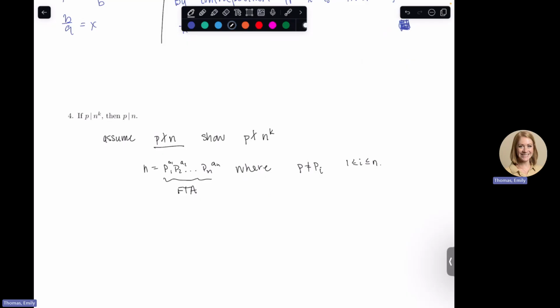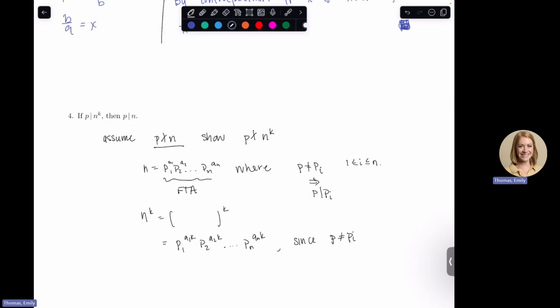So, all right. And then if we were to raise that to a power of k, we'd raise this whole thing to a power of k, which would give us p1 to the a1 k, p2 to the a2 k, all the way to pn to the an k. So since p isn't any of those p sub i's, this gives us that p doesn't divide p sub i for any of those.